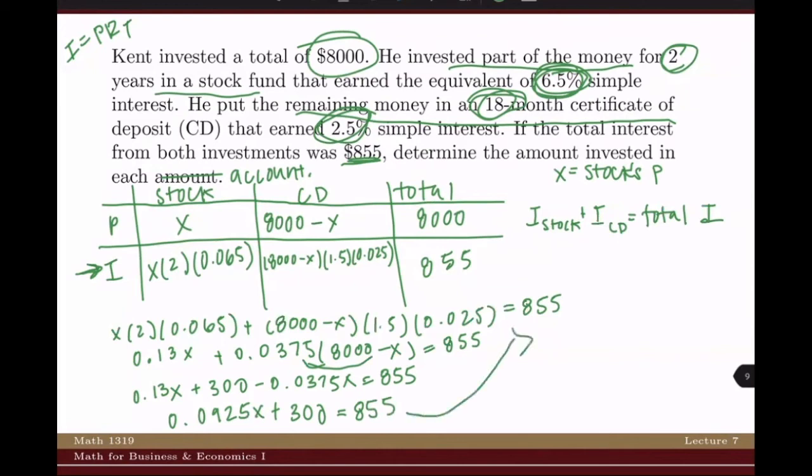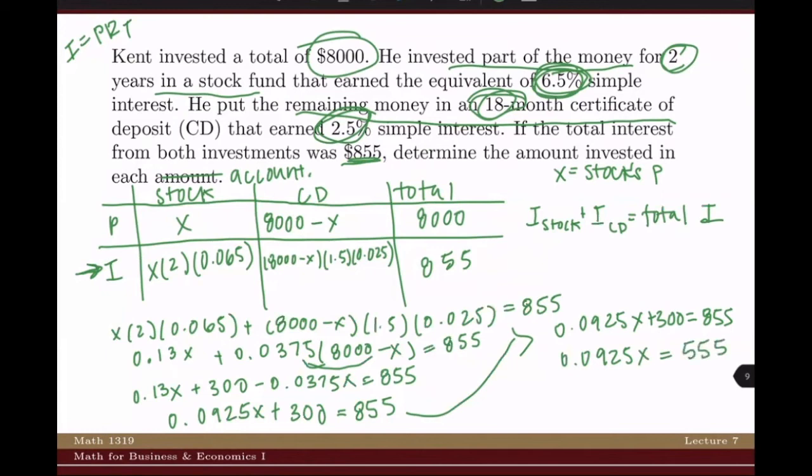So I'm going to do this up here. So we were at 0.0925x plus 300 equals 855. Okay. So then we'll subtract the 300 from both sides. So you get 0.0925x is equal to 555.